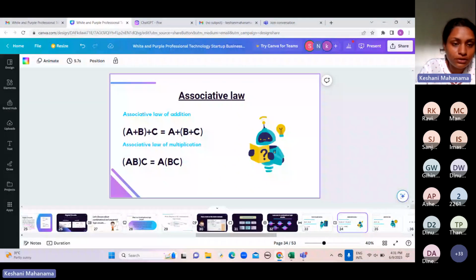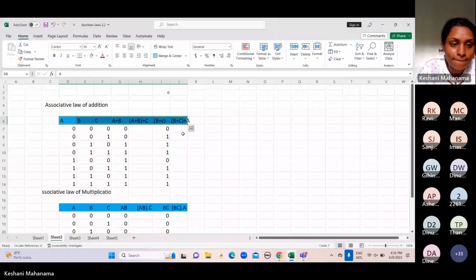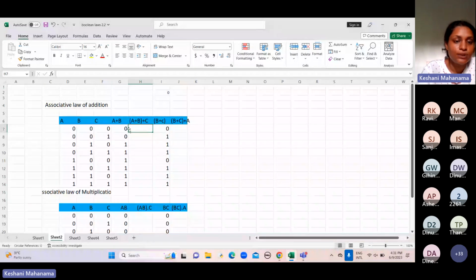When we do this, I have gained the values for A plus B, and I have the values for C. For A plus B plus C, you know that if any input value is 1, the output should be 1.